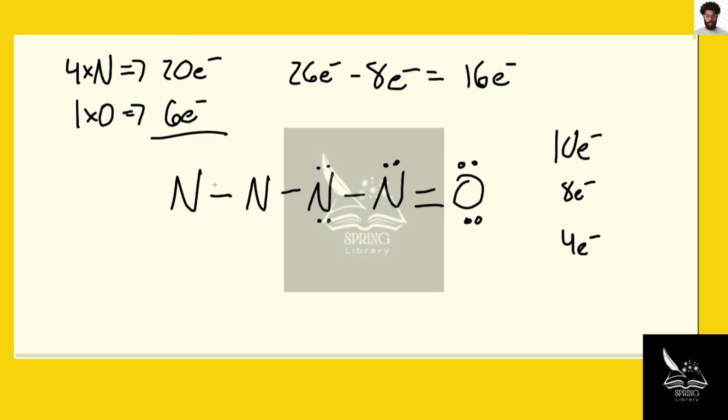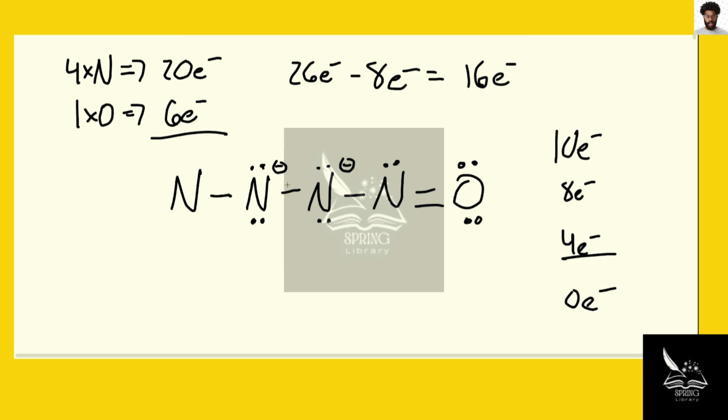We could try to do more. Put a couple lone pairs here and a couple lone pairs here. Okay, but now we'd be out of electrons, right? And we'd have a double negative charge, which we know isn't the case, right?